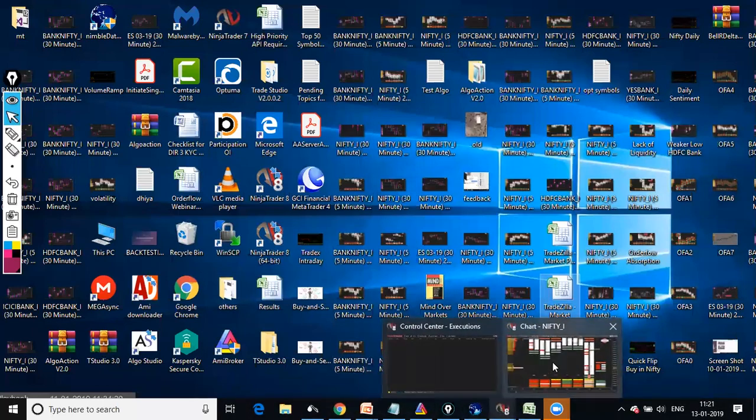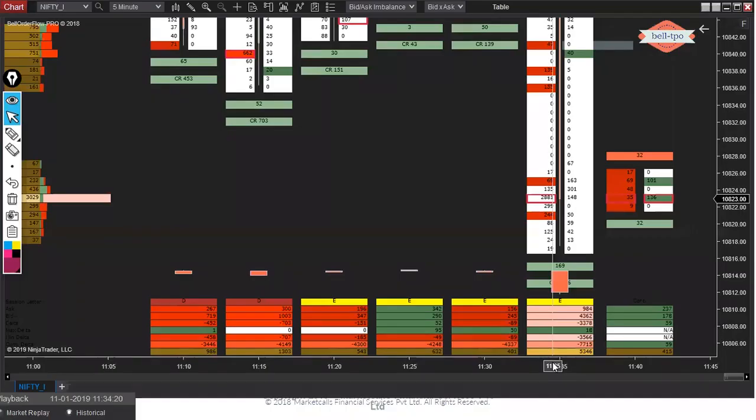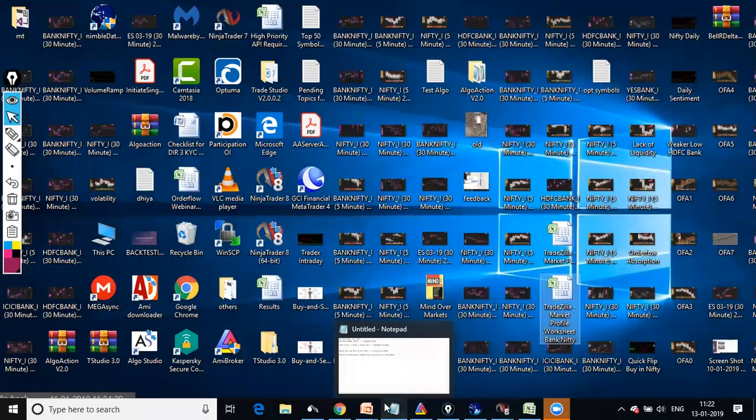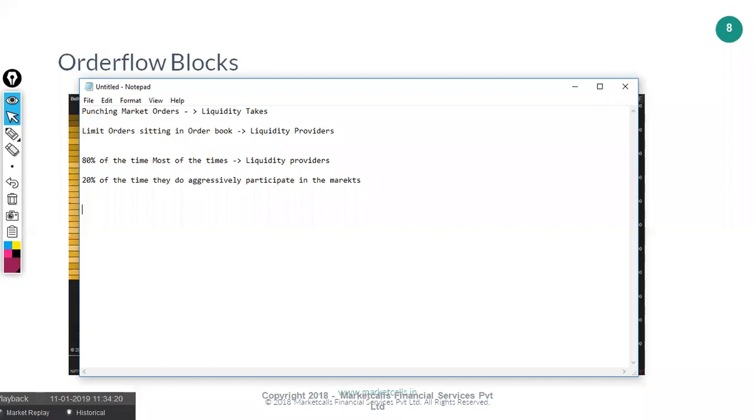The question was, Rajendra, even though there was a 662 volume, the market still went up. Yeah, the market still went up at that price because it is not only aggressive sellers coming into the market.